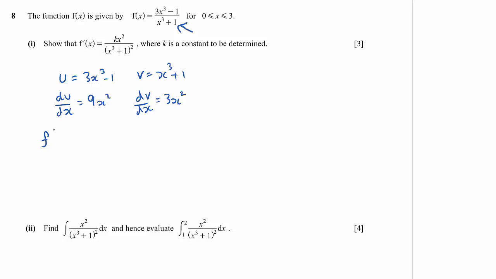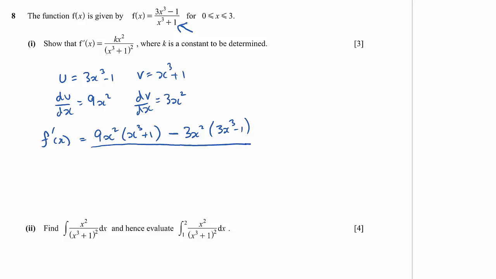So f dashed x is going to be v du dx, so that's 9x squared times x cubed plus 1, take away u dv dx, so that's 3x squared times 3x cubed take 1, all over v squared, so that's x cubed plus 1 squared. So we've got the right denominator, which is a good sign.